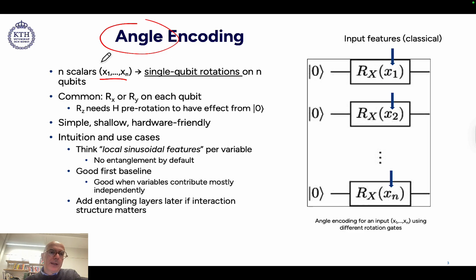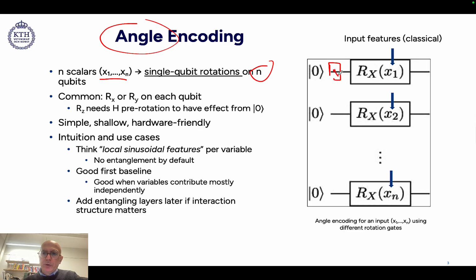So if we have n scalars for n features, this will correspond to n single-qubit rotations on n qubits. We can use rotation x in the Bloch sphere. We can use rotation y in the sphere. If we want to use RZ, we will need to add another NAND gate here before that.